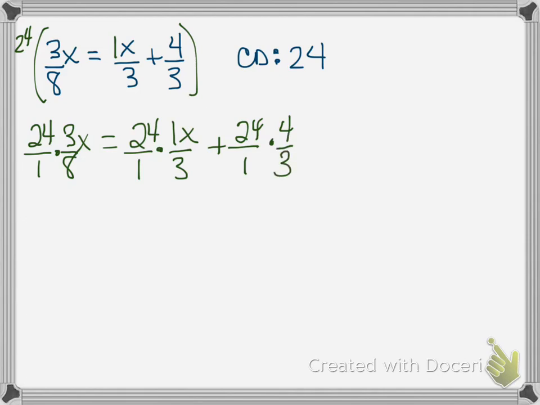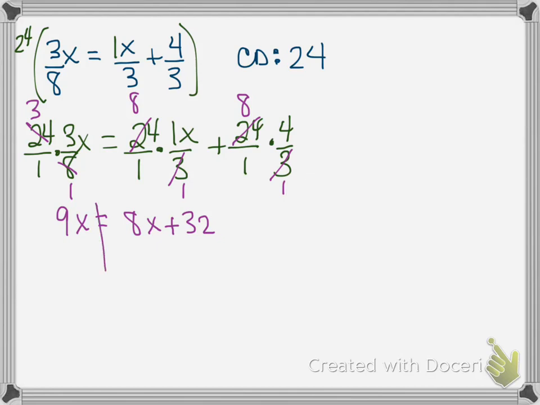Think about your cross simplification that we can do. 8 goes into 8 once, 8 goes into 24 3 times, so I have 9x. 3 goes into 3 once, 3 goes into 24 8 times, I have 8x. 3 goes into 3 once, 3 goes into 24 8 times, so I have 32. And now it looks like what we talked about last week.